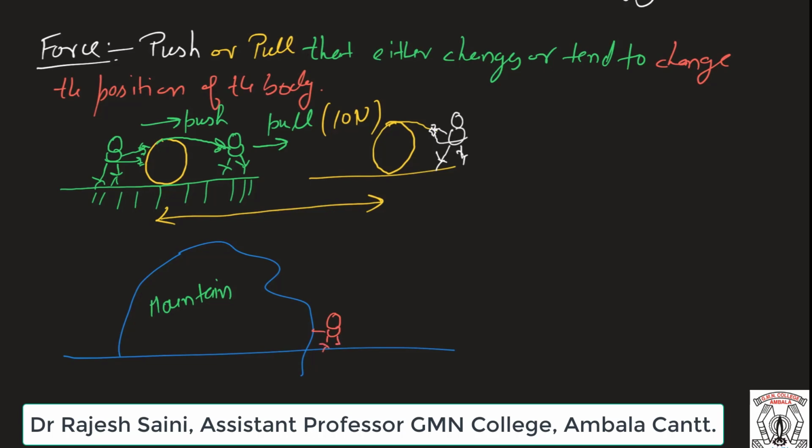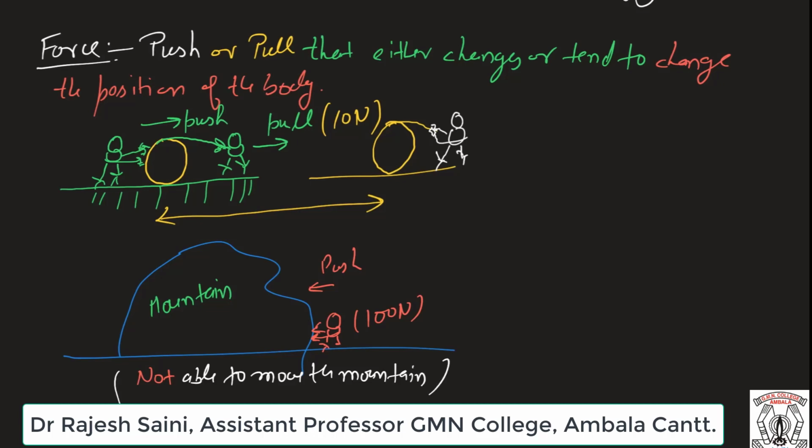Trying to push this with his hands, but it is not able to, and say it is applying 100 Newton, but not able to move the mountain. But it doesn't mean that he is not applying force.